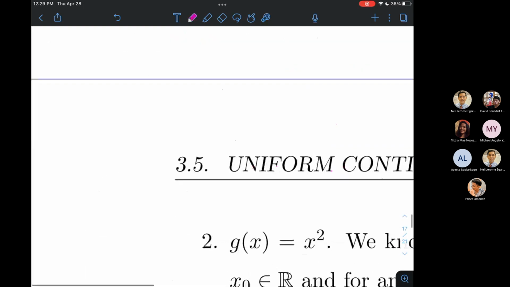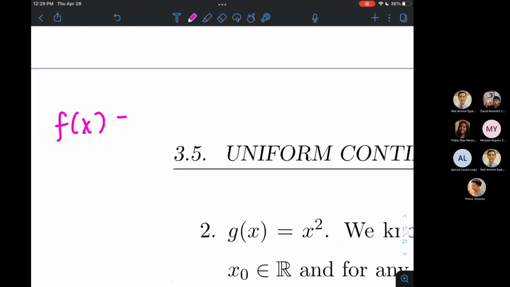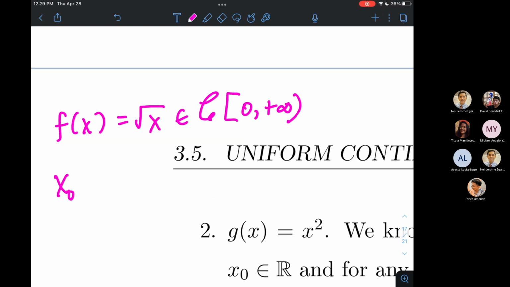And that is the square root function. We said this is continuous on the closed interval 0 to positive infinity. All right? Pero nung nag-preliminary analysis tayo, ano yung ginamit natin? Kapag x sub 0 ay hindi 0, ang choice natin ng delta ay square root of x sub 0 times epsilon. Alright? So, nakalimutan ko kung ano yung choice natin kapag x sub 0 ay 0.